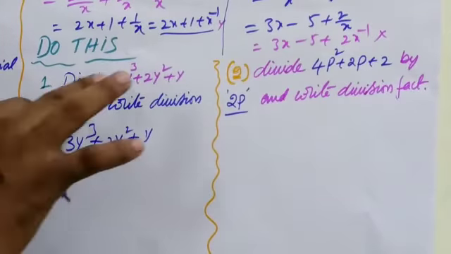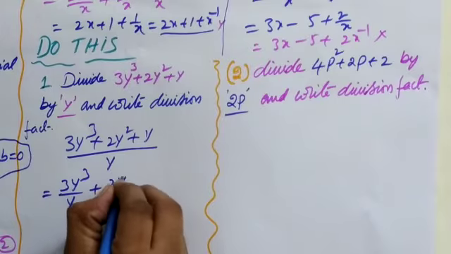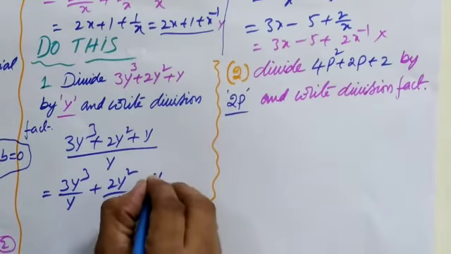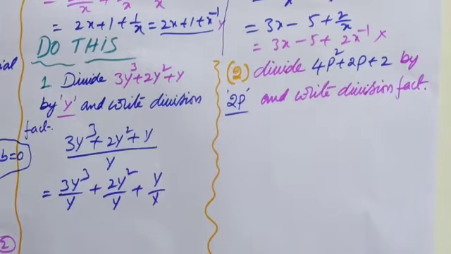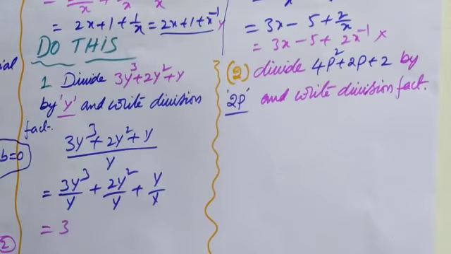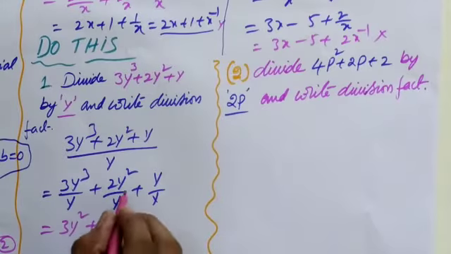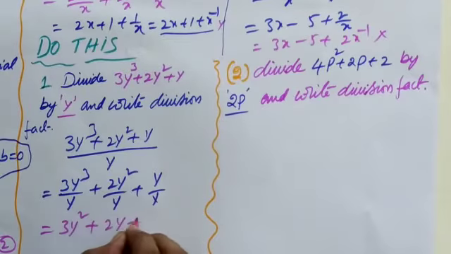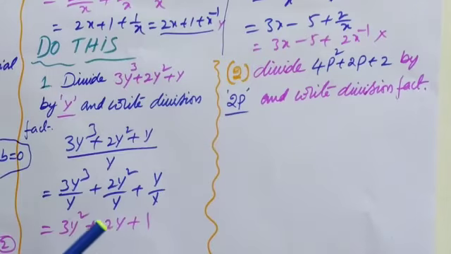Do it individually: 3y cubed by y plus 2y square by y plus y by y. Remove the y by cancellation. Therefore, 3y cubed by y means y square, that means 3y square plus y square by y means y, 2y, plus y by y means 1. This is a quadratic polynomial: 3y square plus 2y plus 1 is a quadratic polynomial.